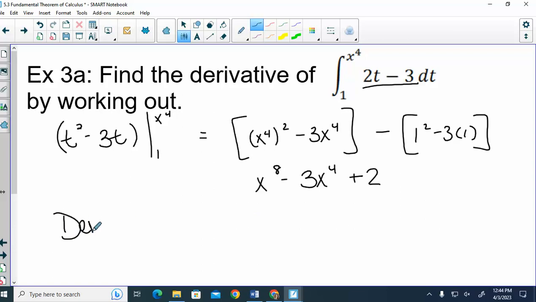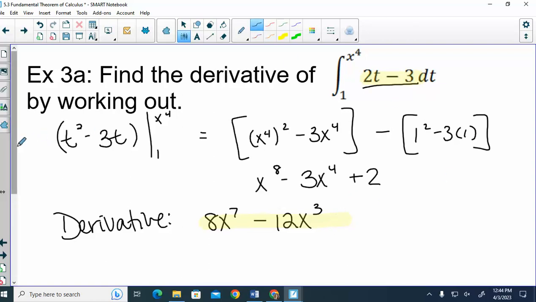Now I want the derivative. So derivative of x to the 8th minus derivative of 3x to the 4th plus derivative of 2, 0, so I don't need that. All right, so can you figure out how is this related to that?